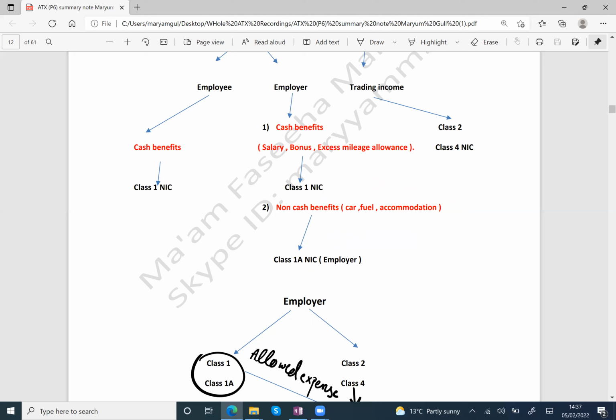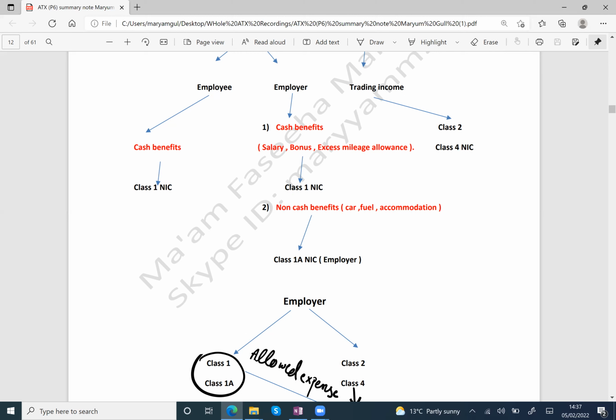On the other hand, will the employee pay or not on non-cash benefit? The employee will not pay anything. Below the employee on non-cash benefit, there is nothing. Only below the employer you can see class 1A NIC.